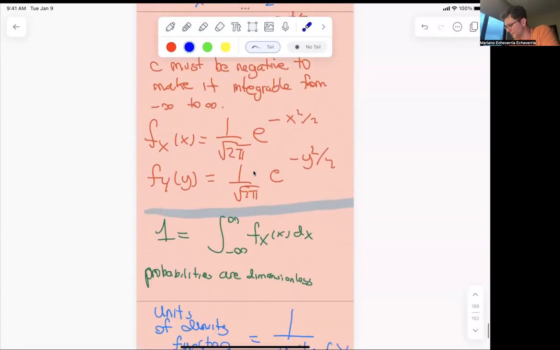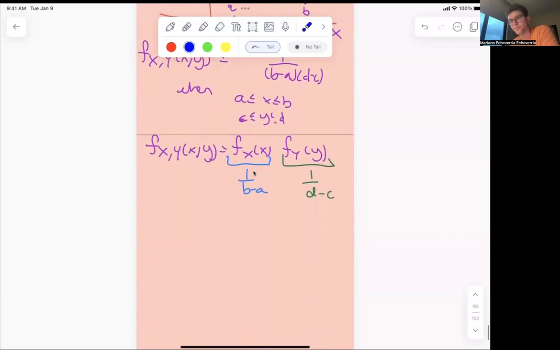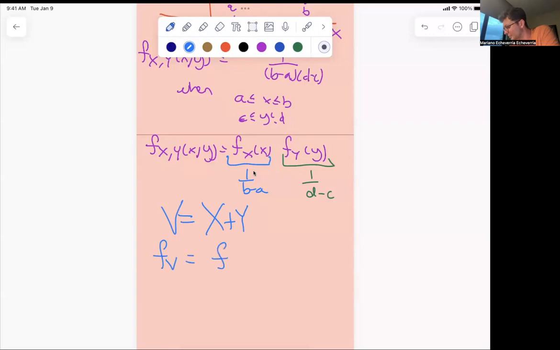Part B asks to compute the density function of V, the sum of the random variables, and that has the distribution given by the convolution. It's just that this convolution is not the product of the densities, because the argument is not at X and Y. You have to shift one of the two variables first.